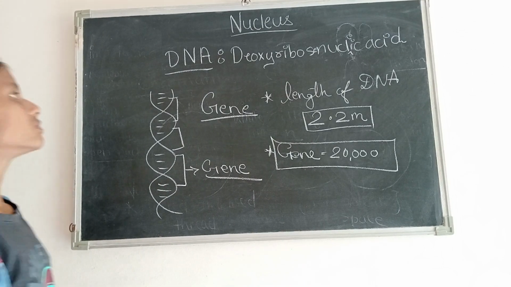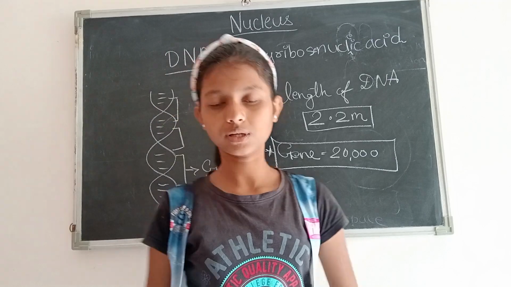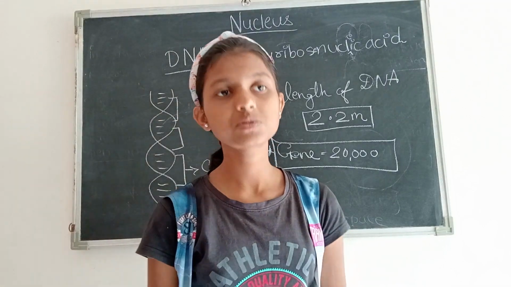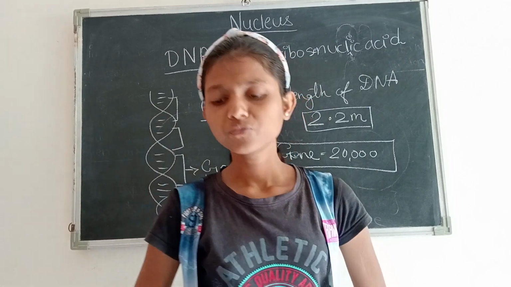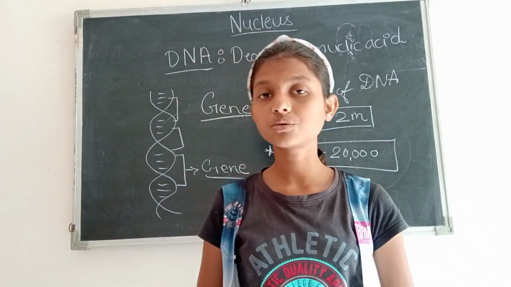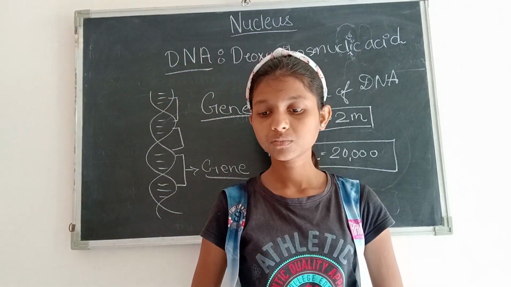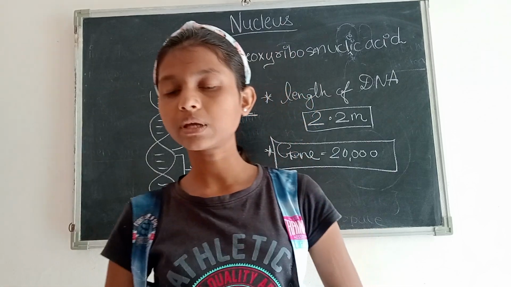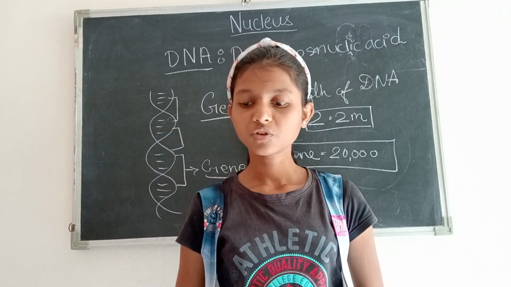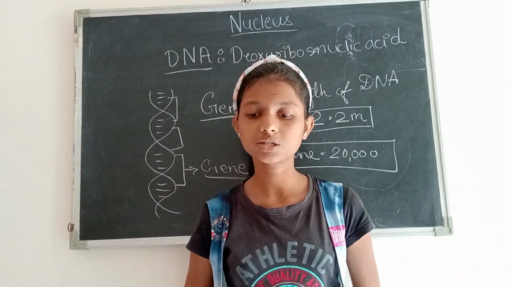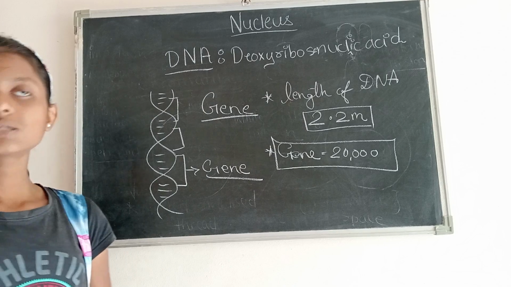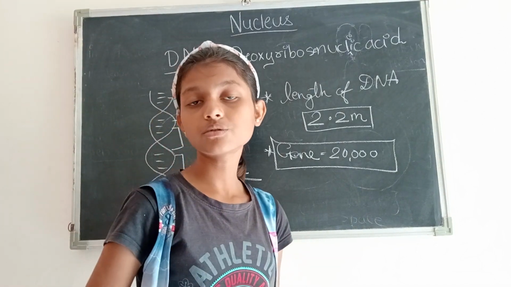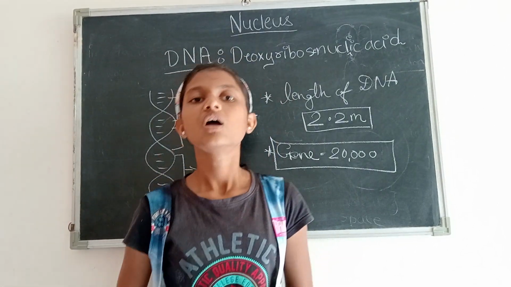Okay, so this was all about nucleus. If the question comes, what is the role of nucleus, then you may answer: nucleus plays a crucial role in cell division. You may also say nucleus plays a role in transfer of hereditary characters from one person to another. It plays a crucial role in cell maturity.